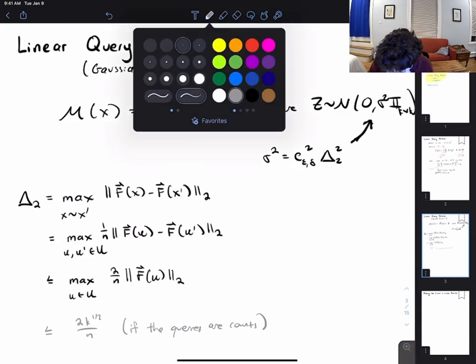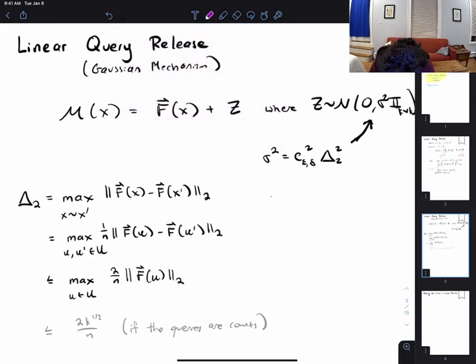And the error of this mechanism is just the expected L2 norm of this vector z divided by k to the 1/2, because remember, I normalized the error by k to the 1/2.